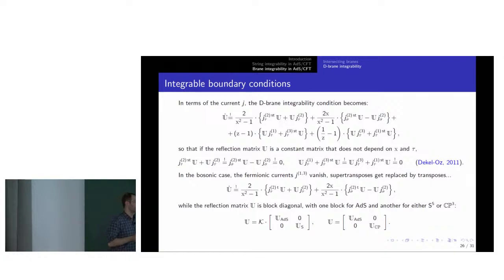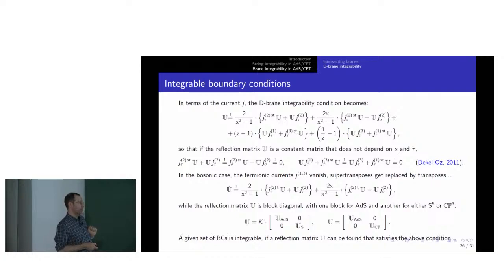And of course, the form of the reflection matrix U in the bosonic case is just block diagonal: one part for AdS and the other part for the compact space. Our job would be to find the U, which we will plug into this formula and satisfy it upon using the boundary conditions that I showed you before.